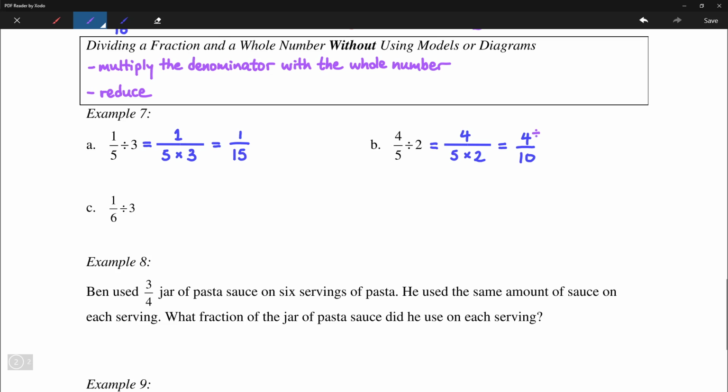We can divide both the numerator and the denominator by 2 in this case, and so we'll get 2/5. And in the last example here, we have 1/6 divided by 3, which results in 1/18.